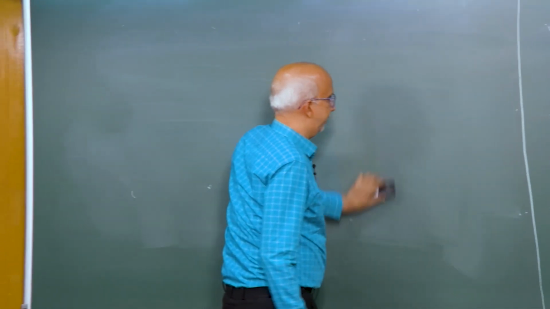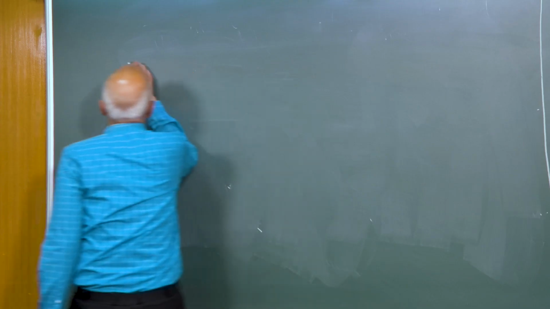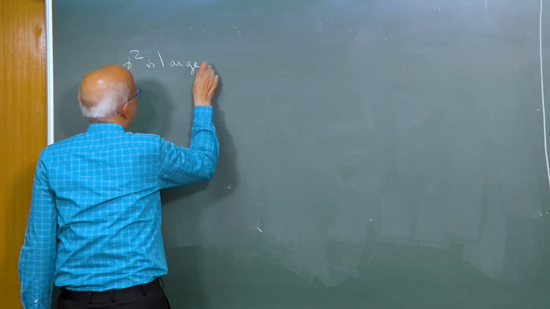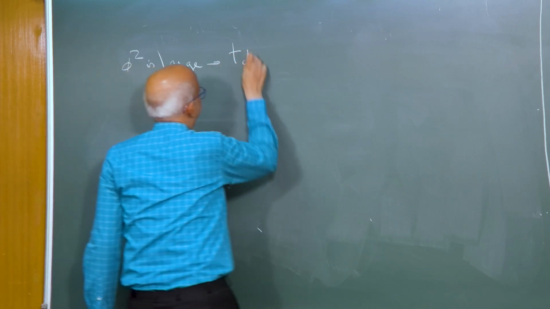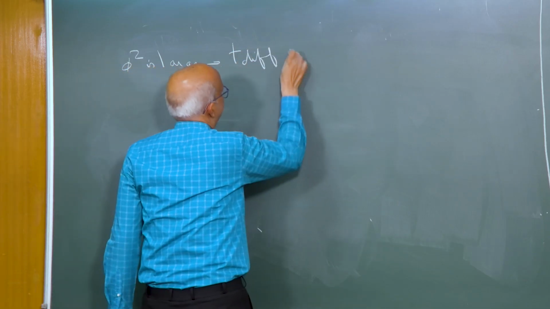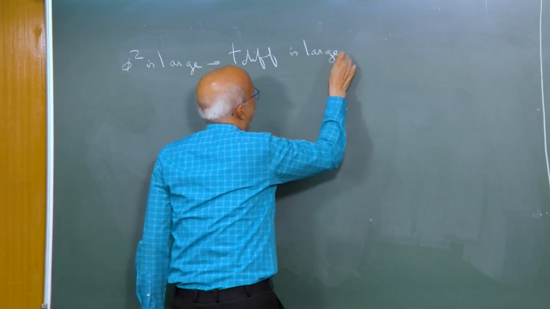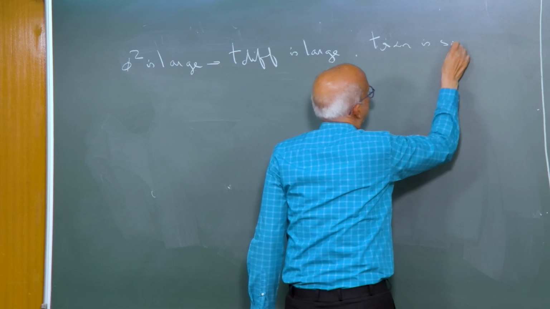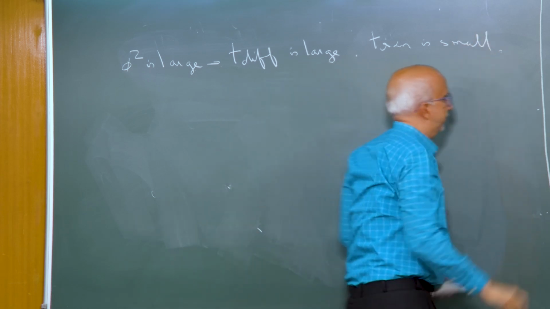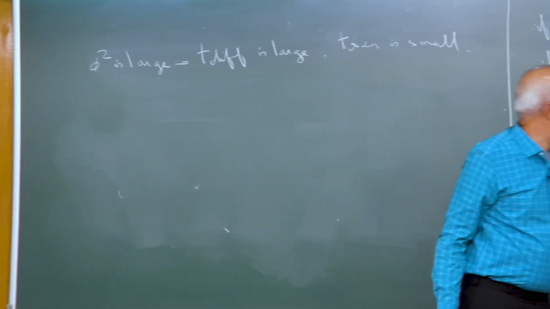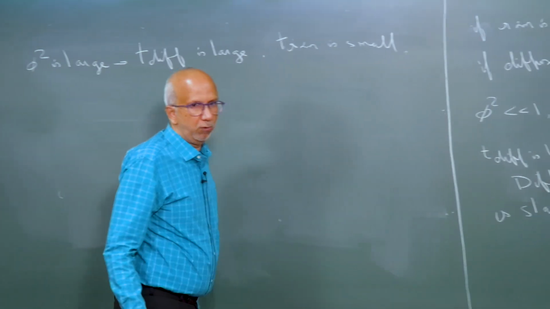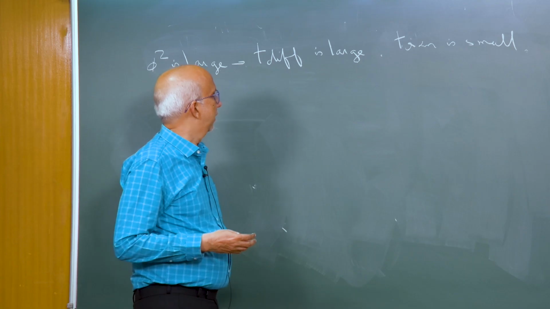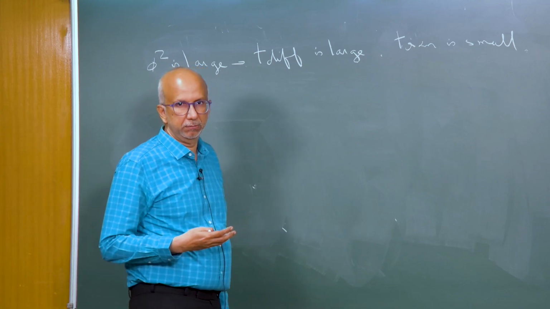On the other hand, if phi squared is large, then T diffusion is large and T reaction is small. So, T reaction is small, that means the reaction is fast.